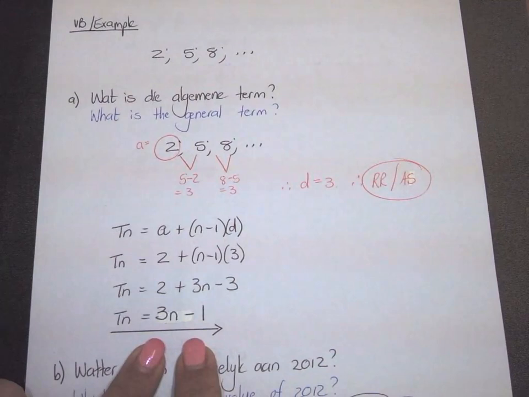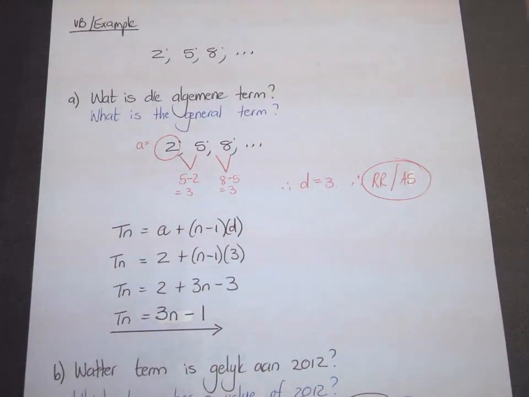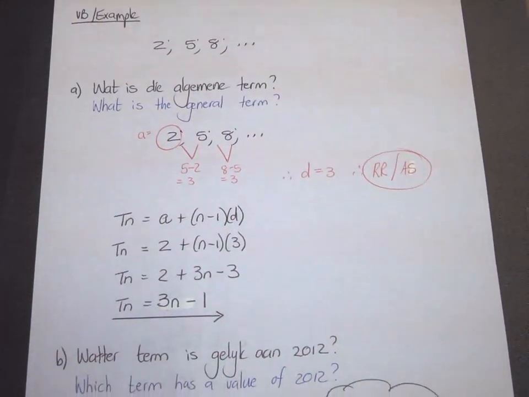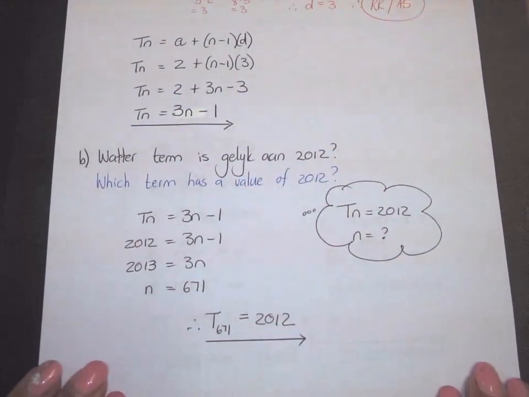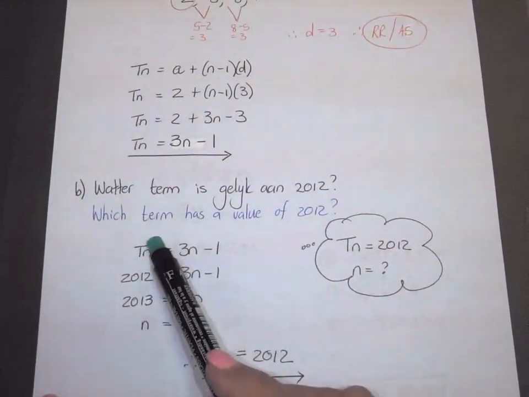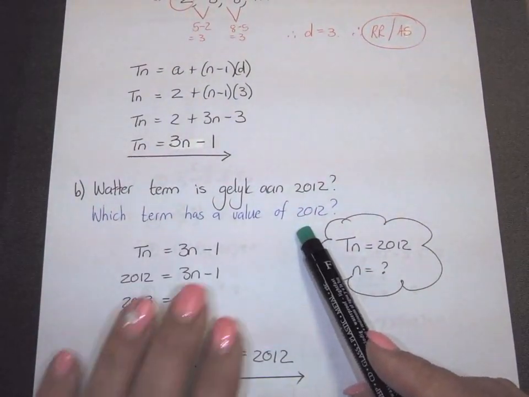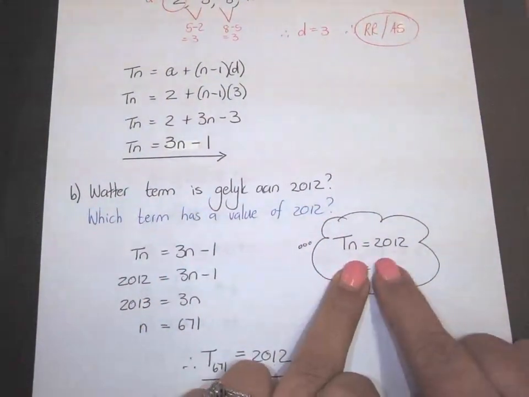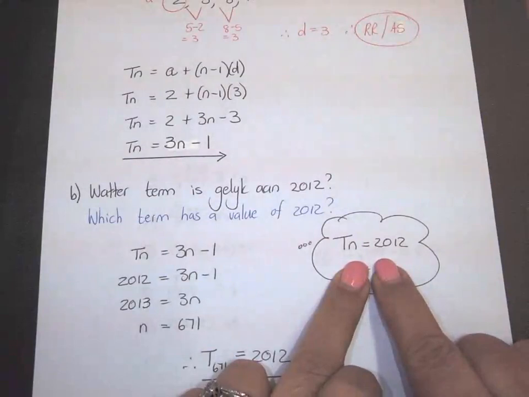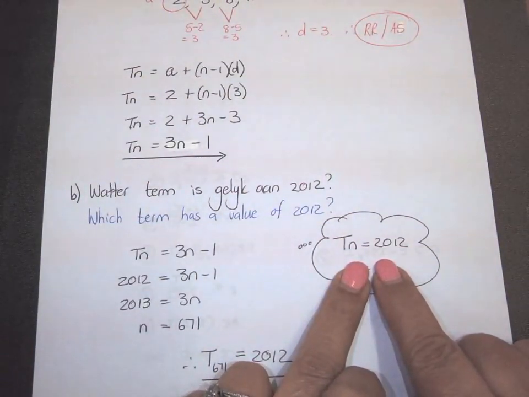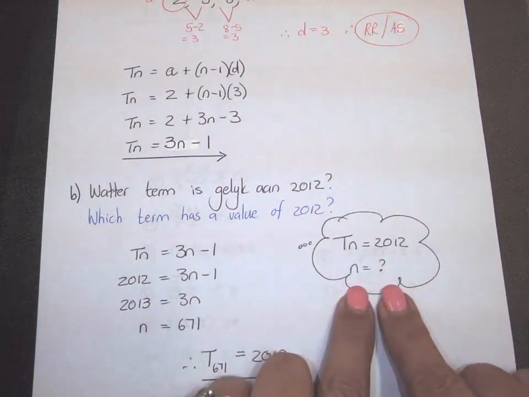This is old news. Now they can ask you, which term has a value of 2012? So they tell you that term n is 2012. And they want which term, so which term number, so they want the n.